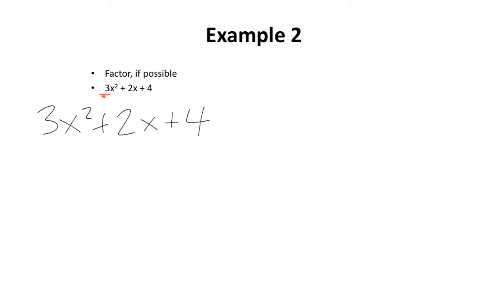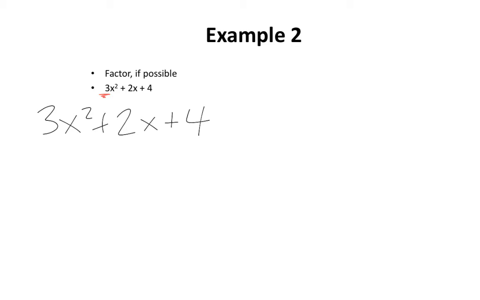Let's take a look at all of these three terms. What is the greatest common factor of 3, 2, and 4? Well, the greatest common factor of those numbers is 1, and that doesn't really do anything if we factor out a 1. Again, we want to take a look at the three terms and see if there's a variable common between all of them, and there is no variable common between all of them.